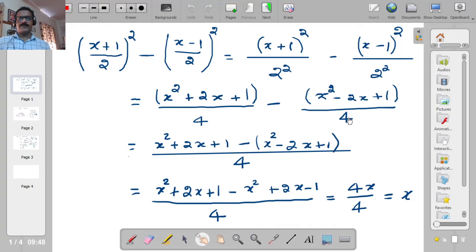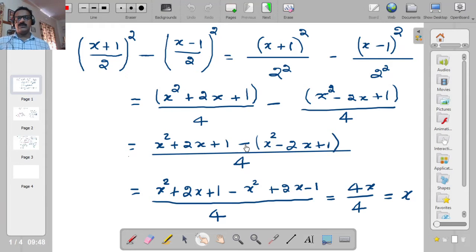So we are subtracting (x squared minus 2x plus 1) upon 4 from (x squared plus 2x plus 1) upon 4. We have a common denominator, so we will be subtracting x squared minus 2x plus 1 from x squared plus 2x plus 1.